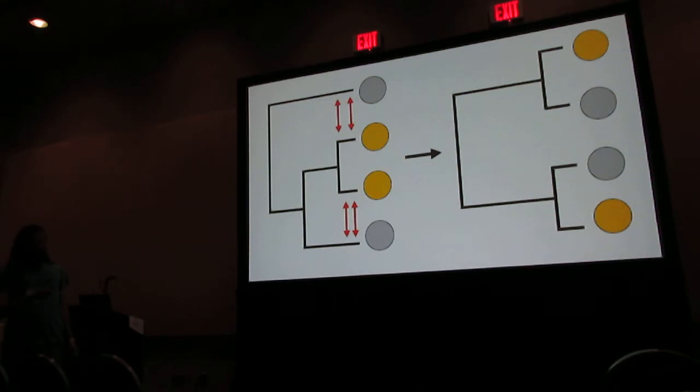Or it could also be that all this gene flow between populations very close in space is actually shaping the genome-wide variation.